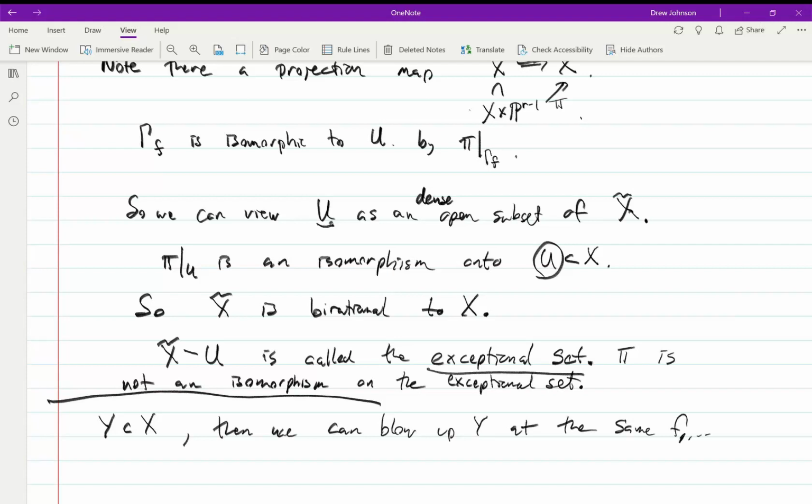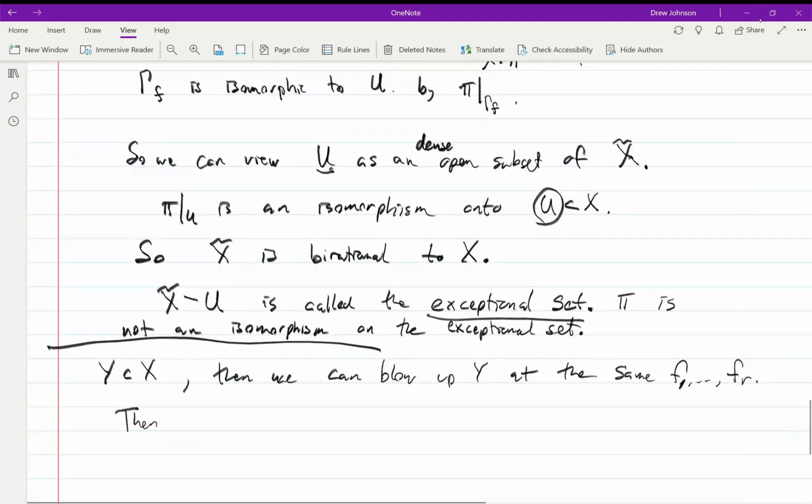You can restrict them or map them to the quotient and consider them as functions on Y. And then, if you think about what happens, the blow-up of Y is a subset of Y cross P^(r-1), and we have the blow-up of X cross P^(r-1).